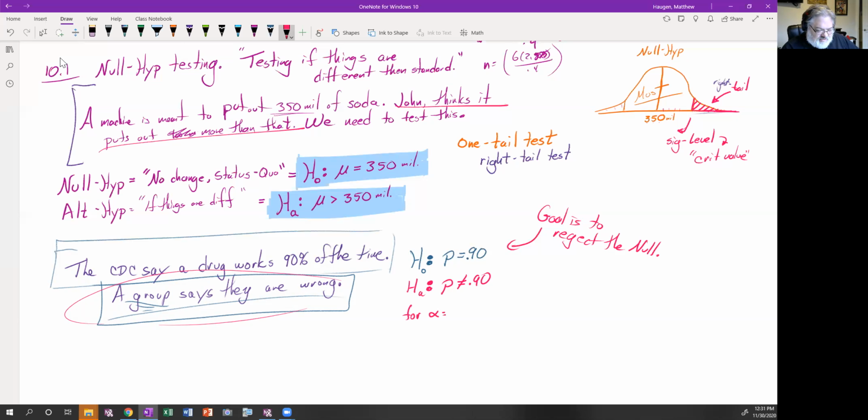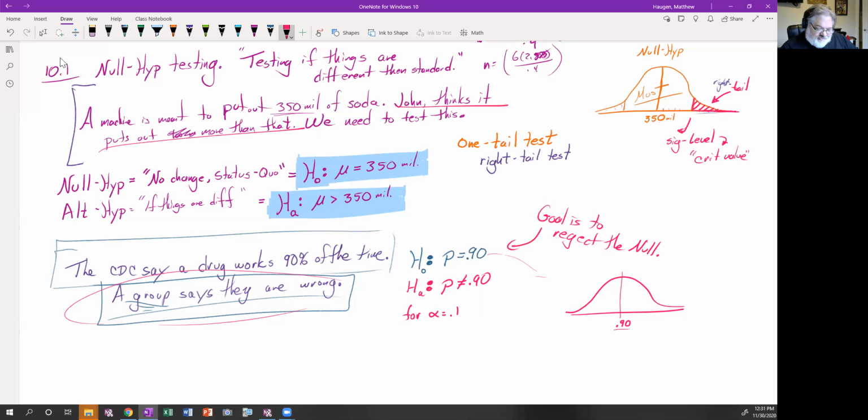And for the sake of this problem, let's say alpha is 0.1. If alpha was 0.1, our sampling distribution would be centered around our 90, under the assumption that 90 is true, which is our assumption from the hypothesis.